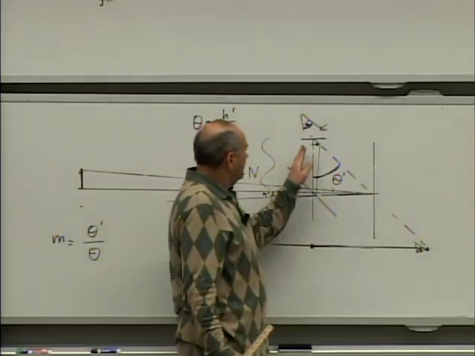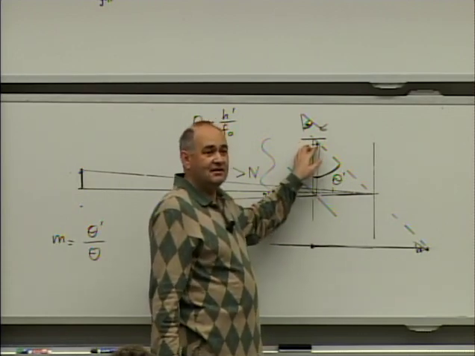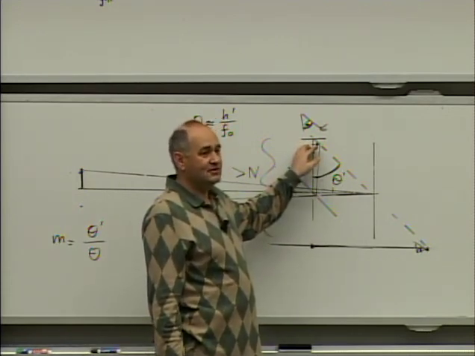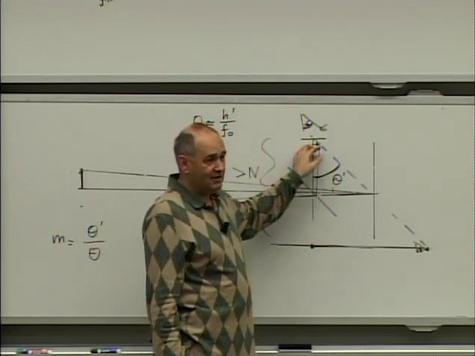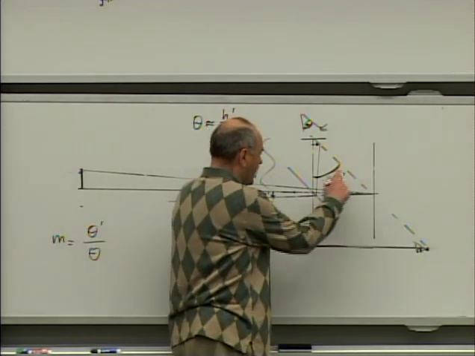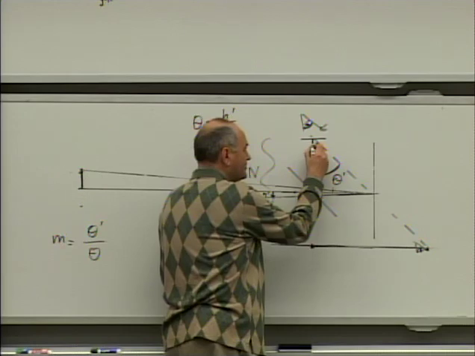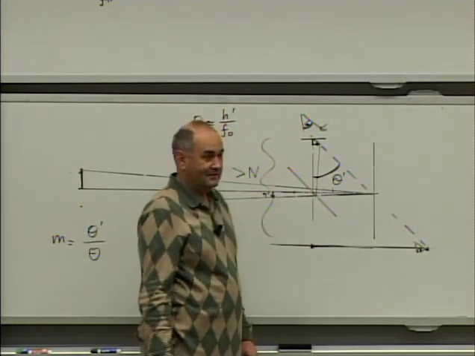Now, when we use a magnifying glass, we place the object for the magnifying glass almost at the focal point of the magnifying glass. Now, I can recognize that this triangle is similar to this tiny triangle.